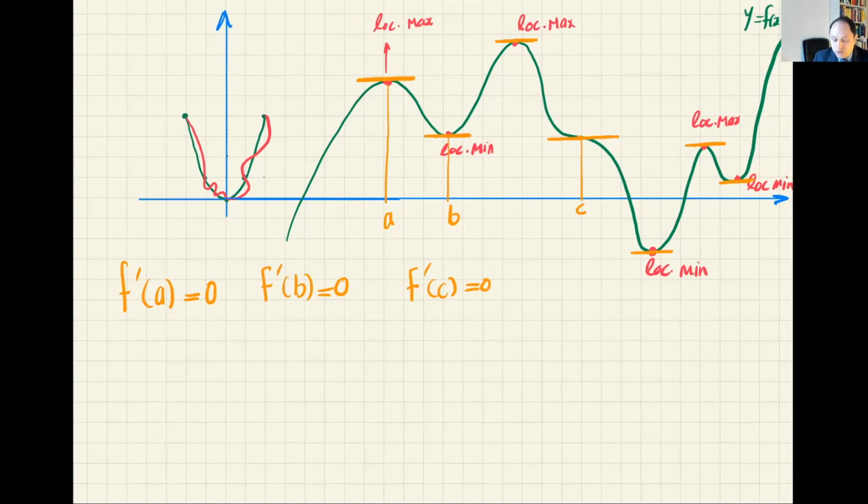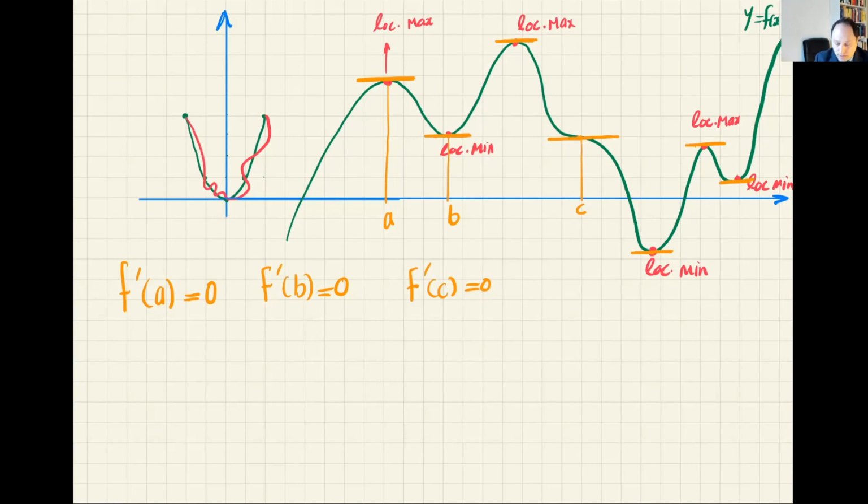Immediately, this picture shows that no, this is not the case. Because in this graph, you have a point at which the derivative is equal to 0, but the point does not correspond to a local extreme point. So that is one problem in front of me.